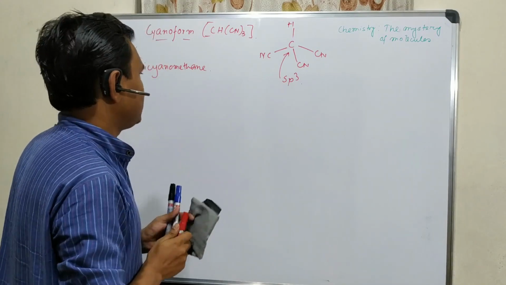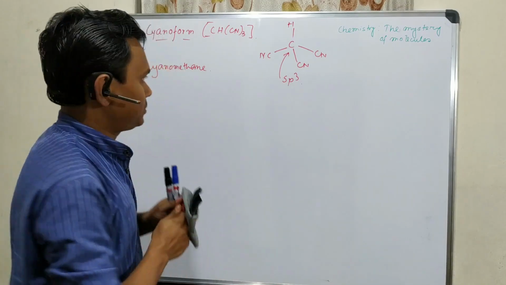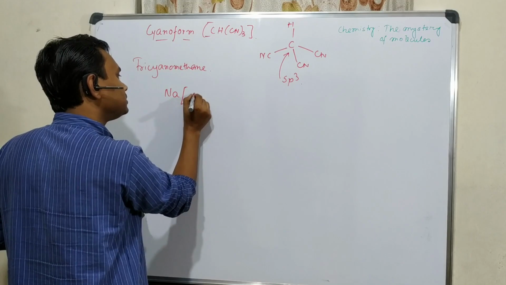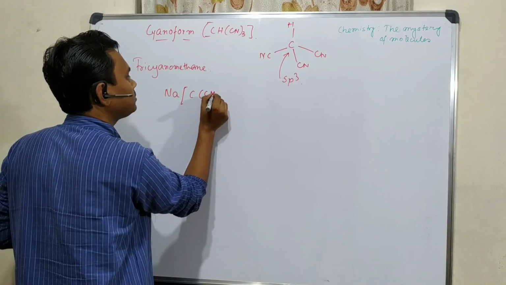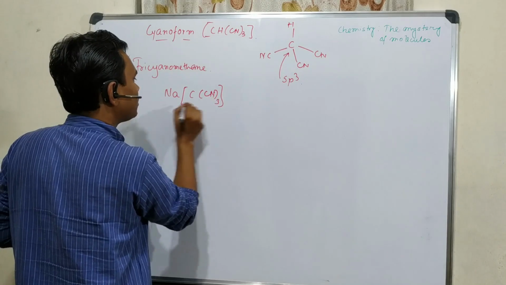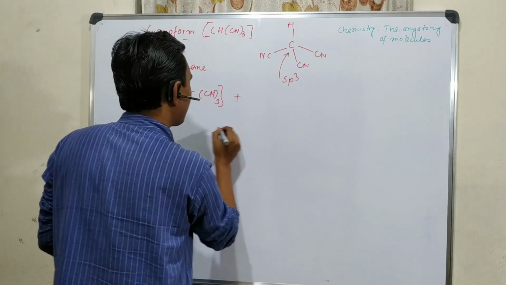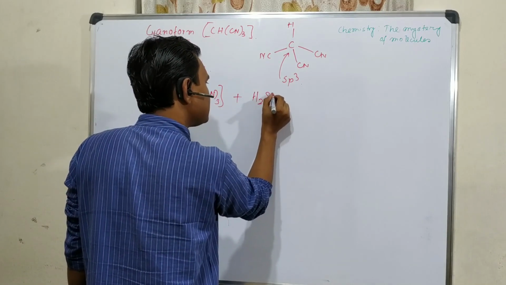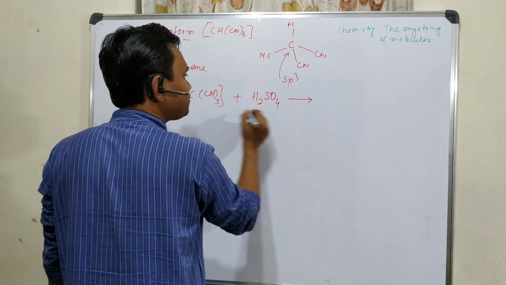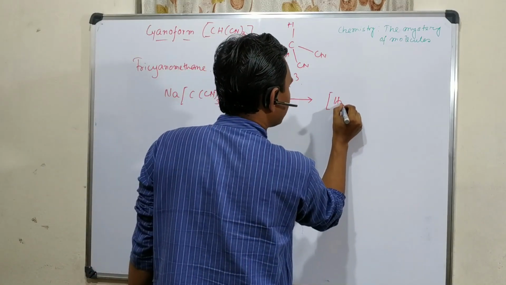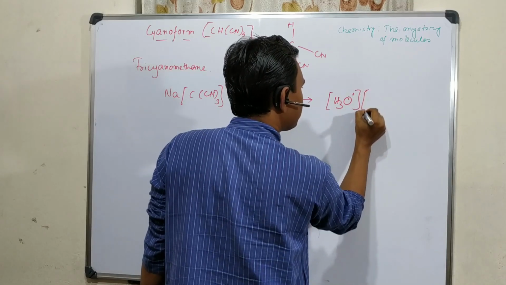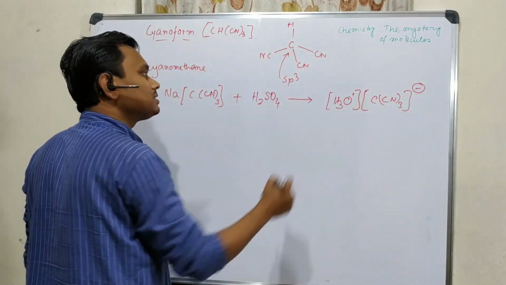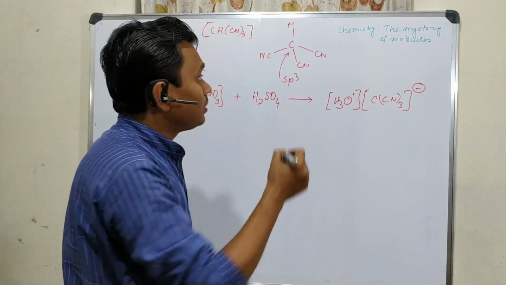So the first question is how the molecule could be synthesized. Typically, the molecule is synthesized from the sodium tricyanomethane salt by hydrolysis in the presence of sulfuric acid, and this produces an aqua complex, that is H3O+ C(CN)3-. But this doesn't give the tricyanomethane.